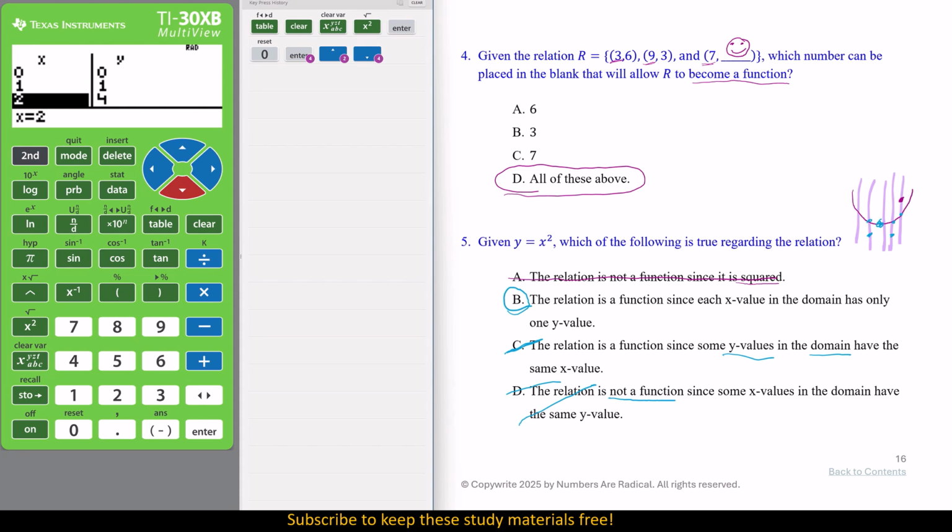The relation is a function since each x value in the domain has only one y. Okay, it doesn't have repeated y's. What you might mistake is that if you have a repeated y, you can't do that.